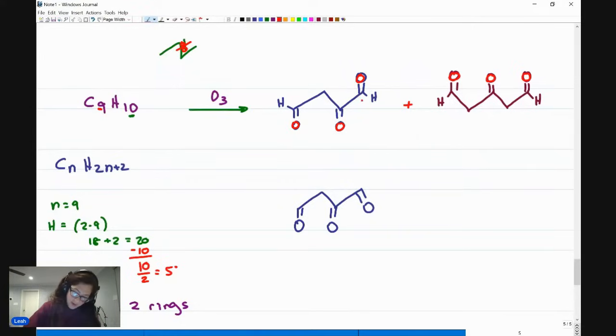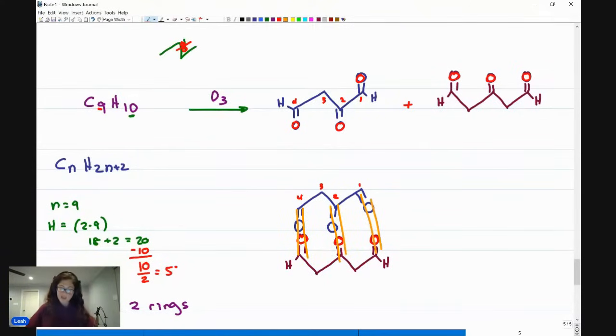Notice that I have my carbons 1, 2, 3, 4, 1, 2, 3, 4. Then I'll take this one and see if I can line it up underneath. I'm going to have to play with it just a little. But look how quickly and easily everything perfectly falls into place.